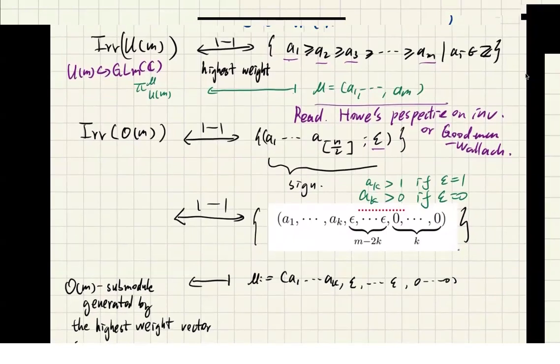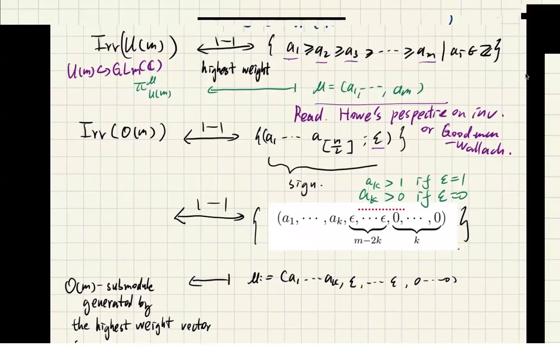So if the weight has the form A1 to AK and then you have epsilon from either 0 or 1, such that if epsilon is 0, then you require that AK is bigger than 0.